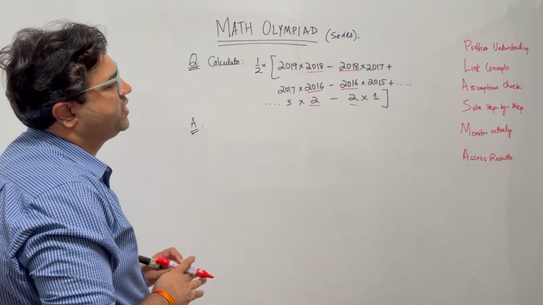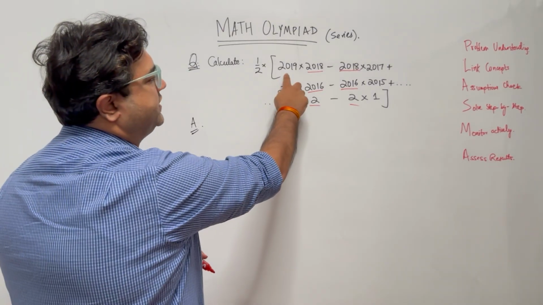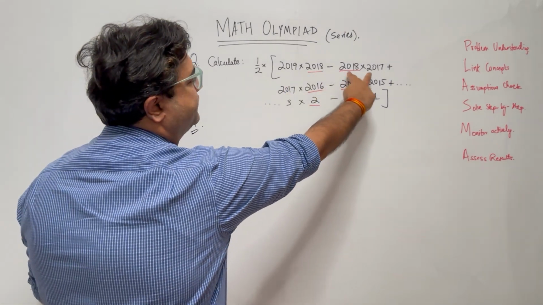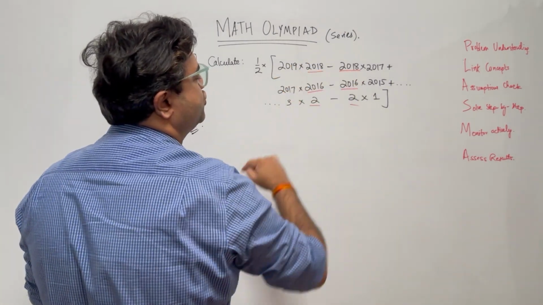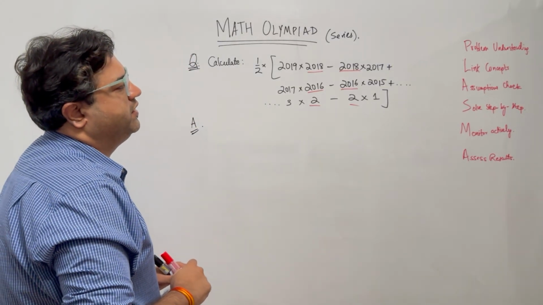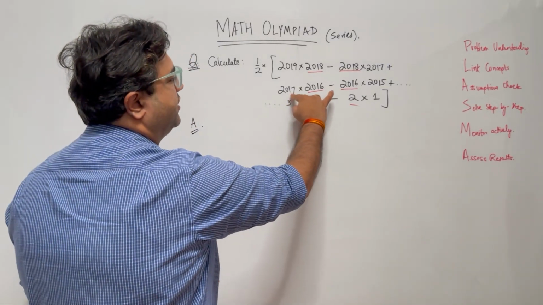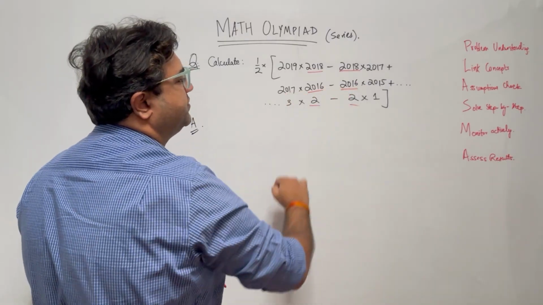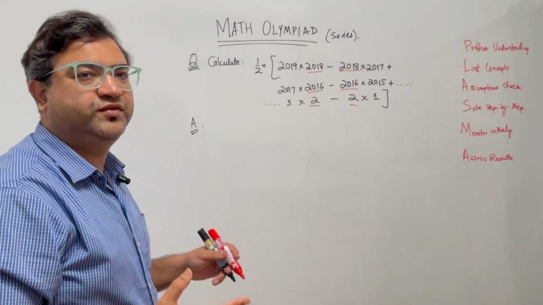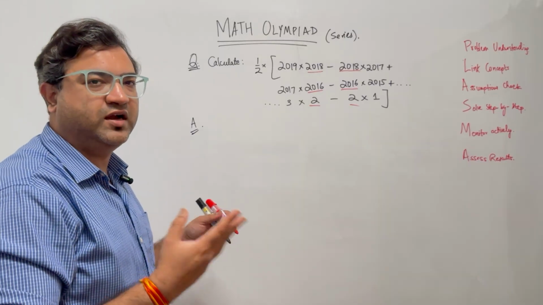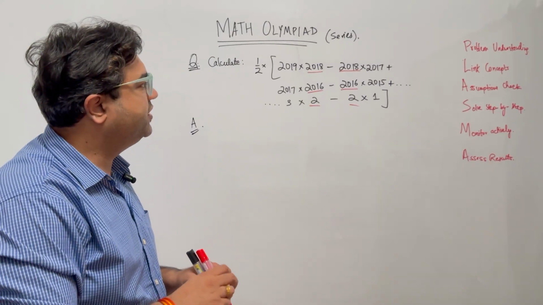So we know that there is a difference of 1 here, there is a difference of 1 here. But if we take out this factor, then the difference becomes 2, right? The same thing, if we take out this factor, the difference becomes 2. If we take out this factor, the difference becomes 2. So this is kind of the key here to solve this kind of a series problem.